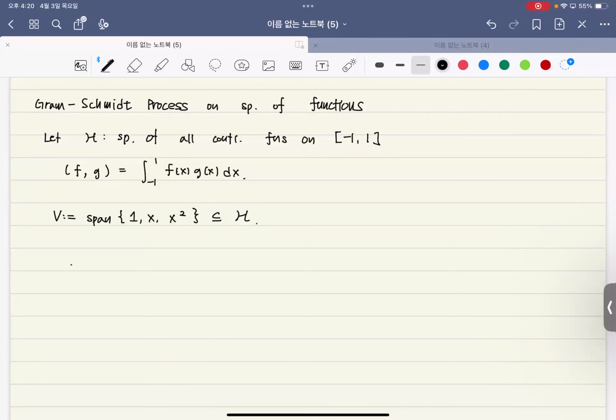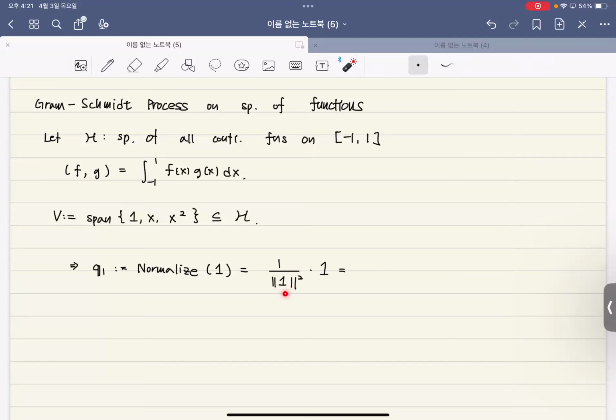What is my Q1? Q1 is simply normalizing the basis vector 1. What do you think is the length of this vector? This is somewhat counterintuitive, but this number is very easy to compute.